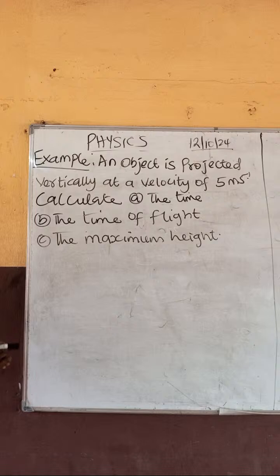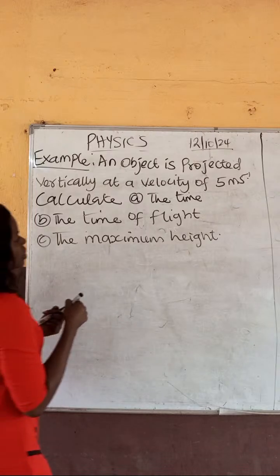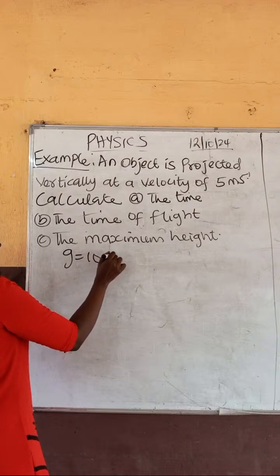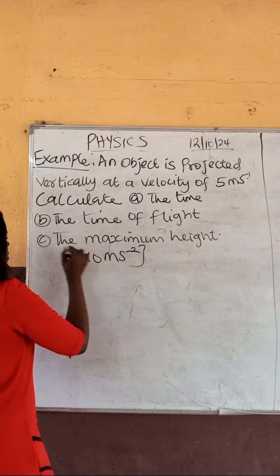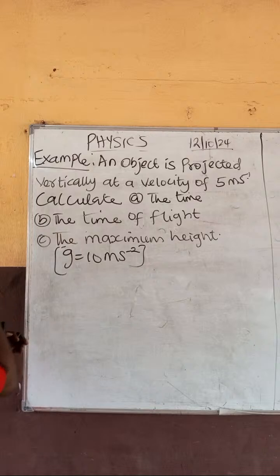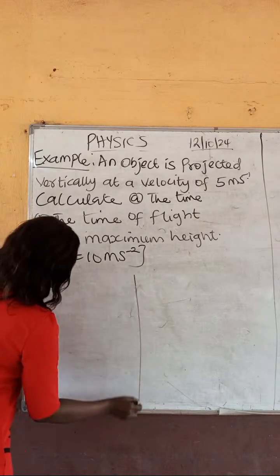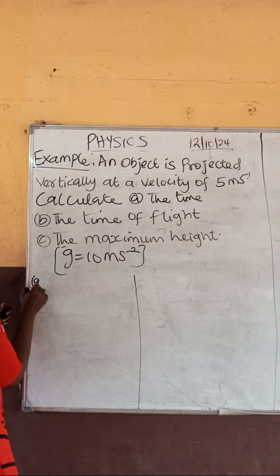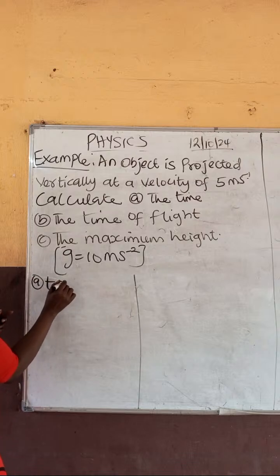Okay, let's look at this question. We know that our g is always constant. That is 10 meters per second square. All right. The first thing we are going to do now, let me divide the board. The first thing we are going to do now is to get the time, which is A. The time is t.